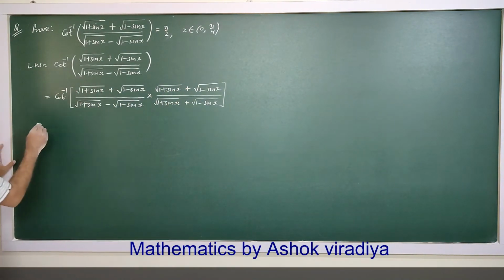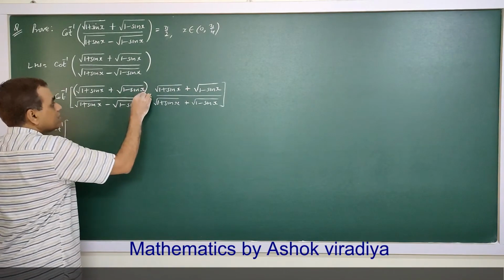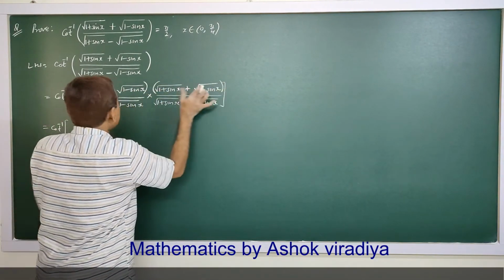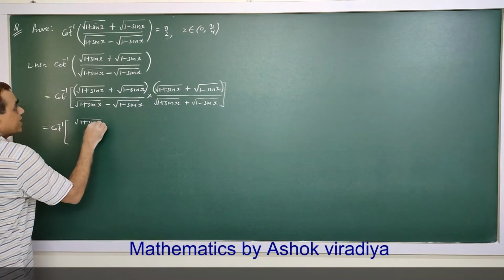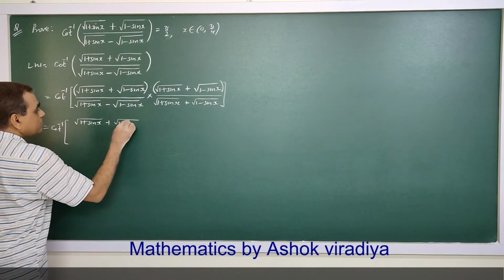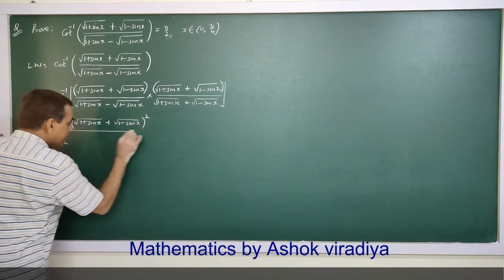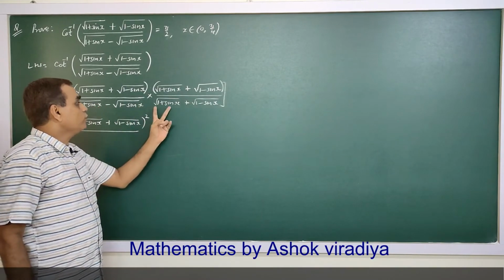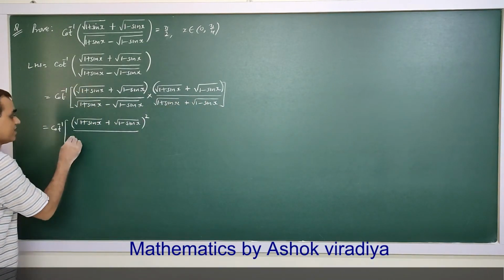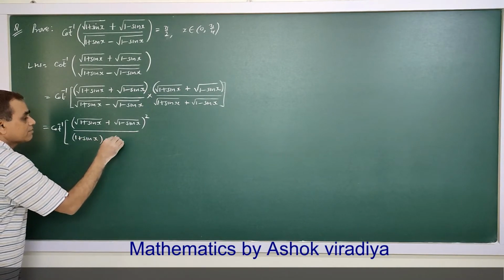So therefore cot inverse of, say this is the same number, numerator there is the same, so it is root 1 plus sine x plus root 1 minus sine x whole square, and in the denominator root a minus root b, root a plus root b, that is a square minus b square.